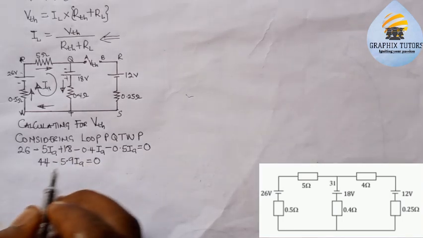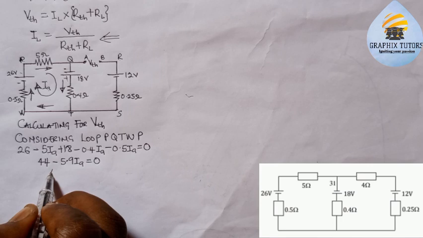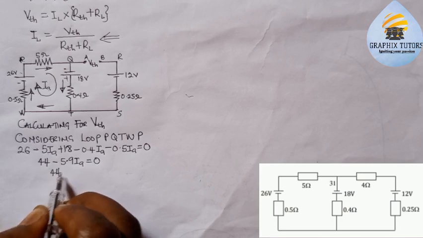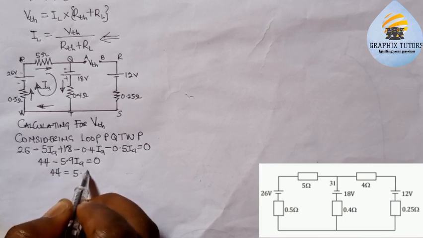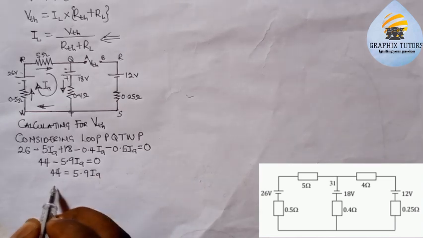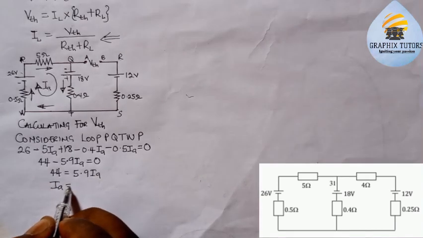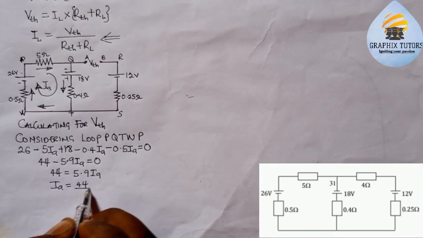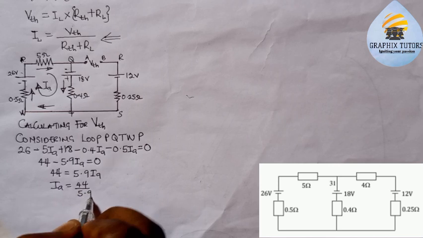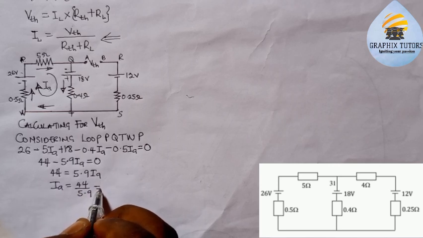Now the 44 will be equal to 5.9 IA. So my IA will give me 44 over 5.9. That will now give us 7.458.